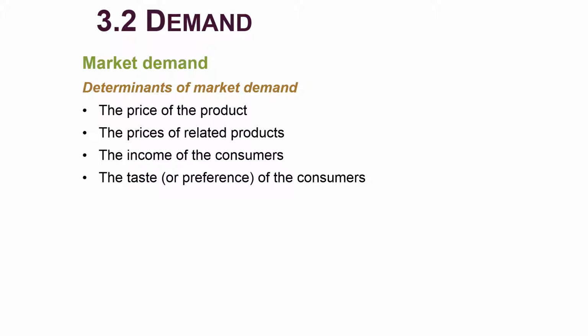On the other hand, if a household does not like tomatoes or they are under doctor's orders not to consume tomatoes, then fewer or no tomatoes will be demanded. Thus, taste or preferences can have a positive or negative impact on quantity demanded.